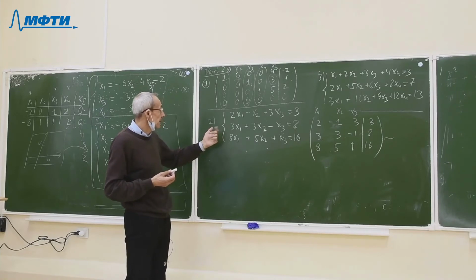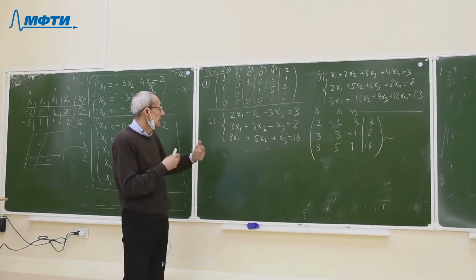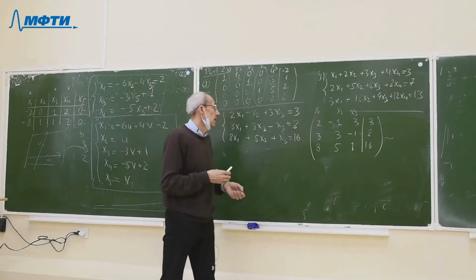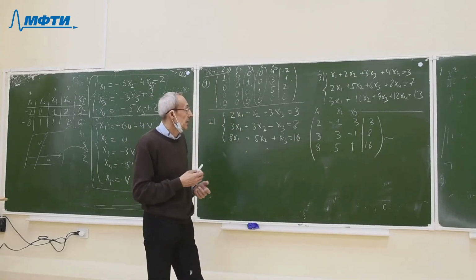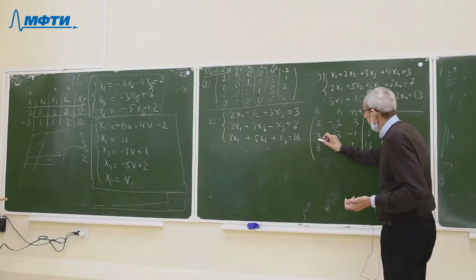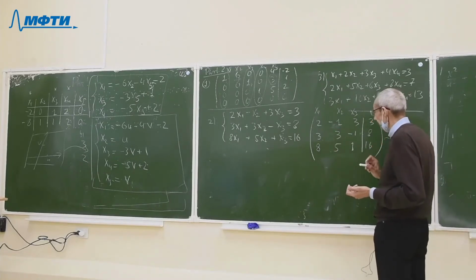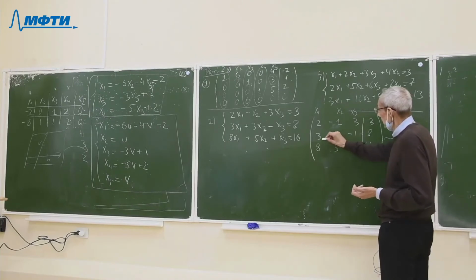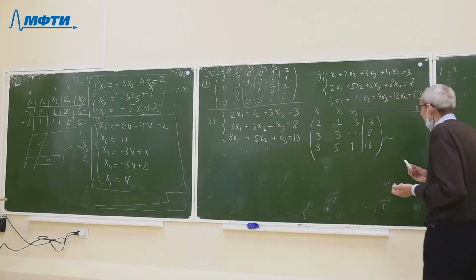We obtain such an equation, such a row, which has the first element equal to 1. We can subtract, for example, from the second row the first.